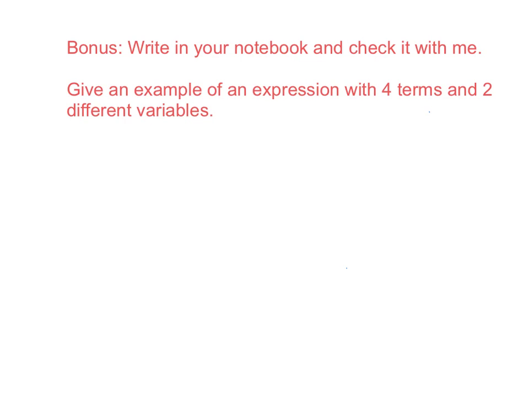And I can be creative here with all my different numbers. So 4 terms and 2 different variables. I'm going to try 3r. Now that's a term. Plus 2. I'm looking to get 4 terms, so I've got 2 so far. Subtract 6. Now I need 2 different variables, so I'm going to add in another variable here. I'm going to use the variable j.